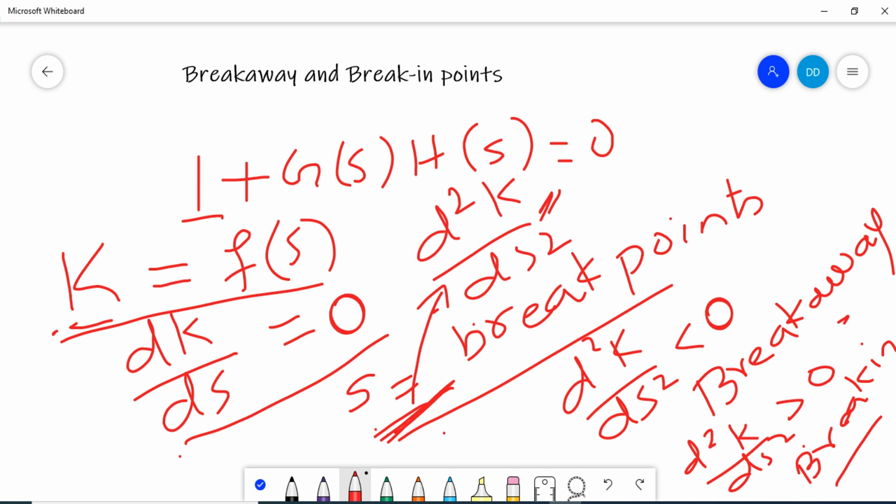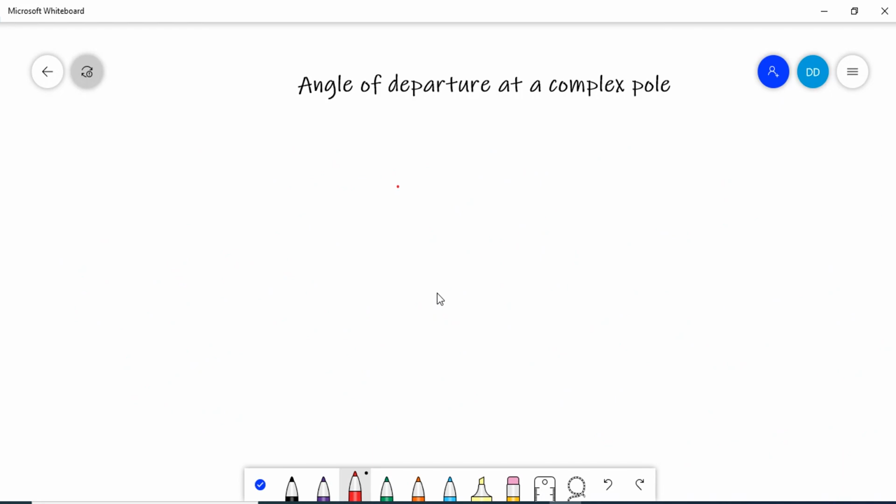Next is to find the angle of departure and angle of arrival. First, the angle of departure at a complex pole. To determine the direction in which the locus leaves a complex pole or enters a complex zero, we need to find the angle. What is meant by angle of departure?